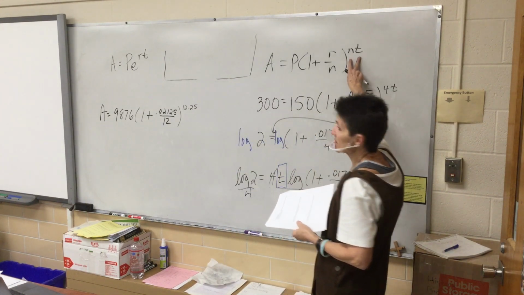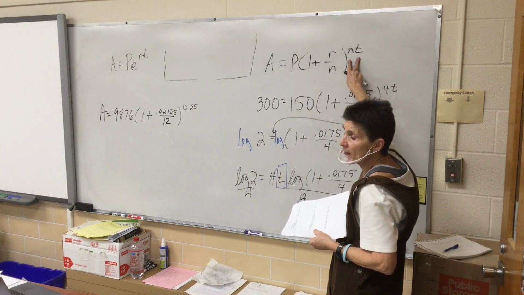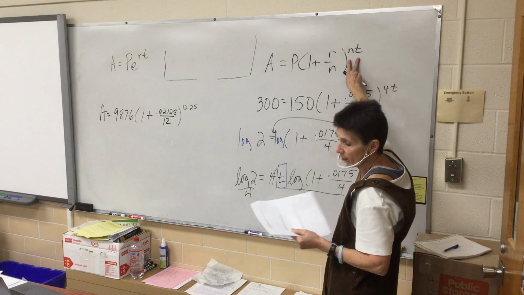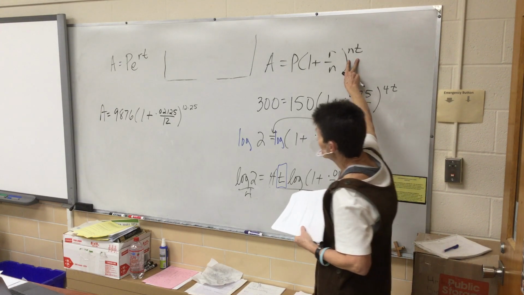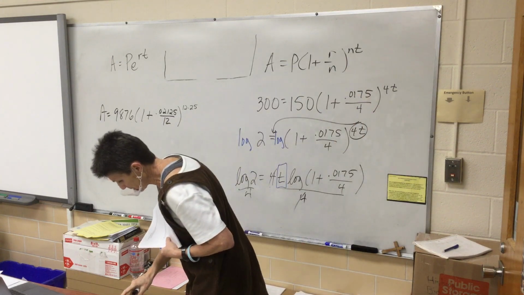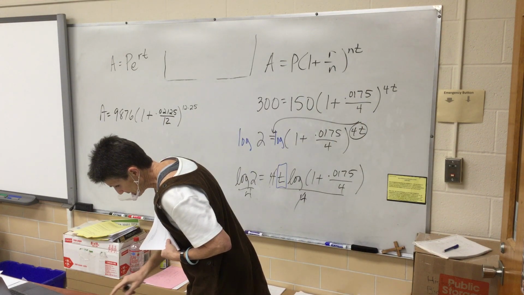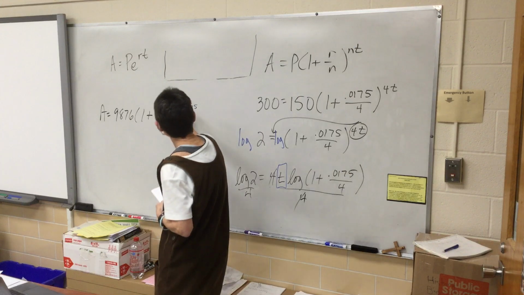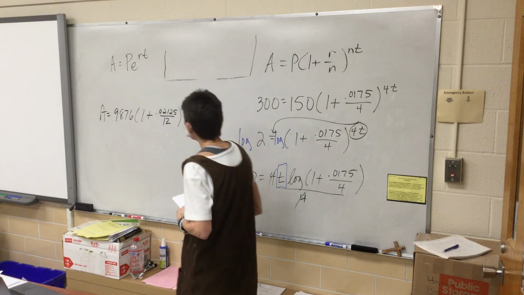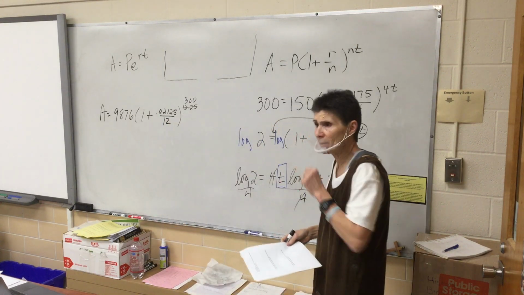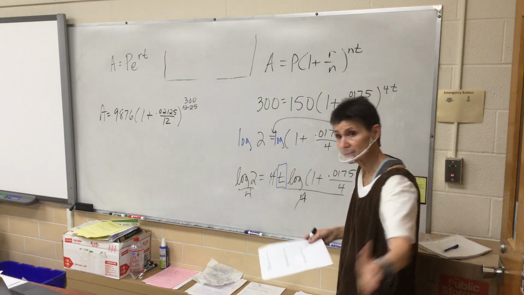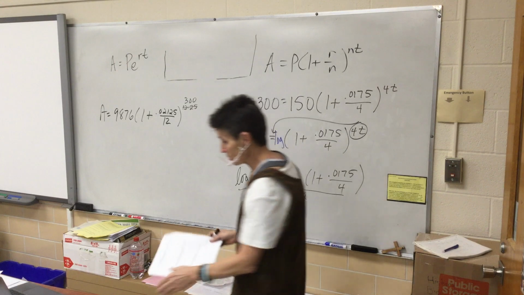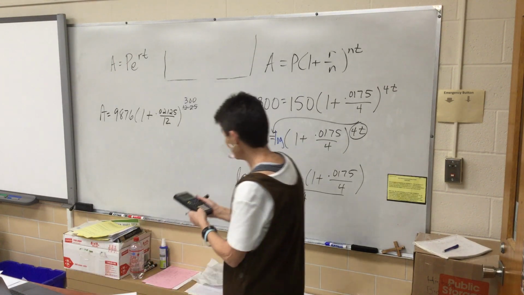So remember that exponent is n times t. So n is 12 monthly, and t is 25. So let's multiply 12 times 25 and get that done. So we just have 300 there. Now am I going to need logarithms for this? No. This is a just type it in problem. So I'm going to type it in just like it is.